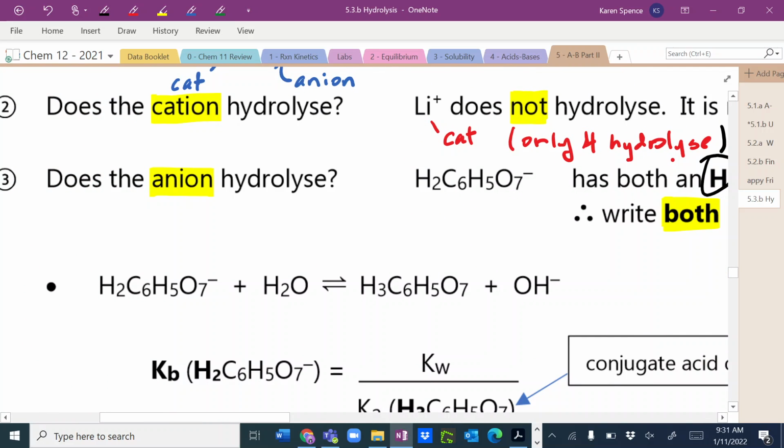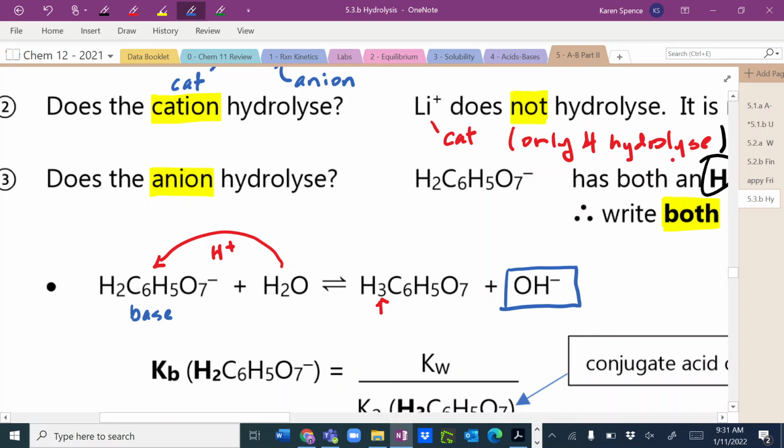First of all, here we have it acting as a base, accepting a proton from water. So we end up with H3C6H5O7 and we are left with hydroxide.